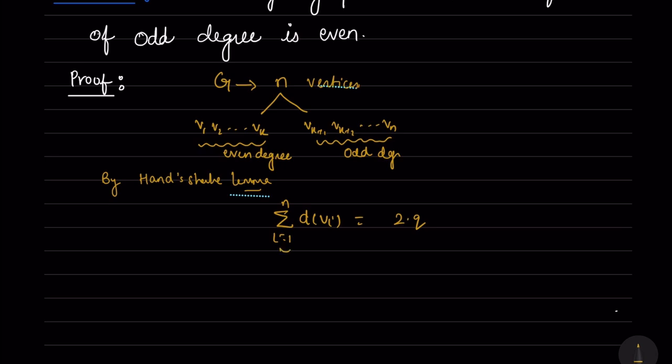So here we have vertices of even degree and odd degree, so we can break this summation into two parts. The first part is the degree sum of even vertices, and the second part is the degree sum of odd vertices, which equals 2q.